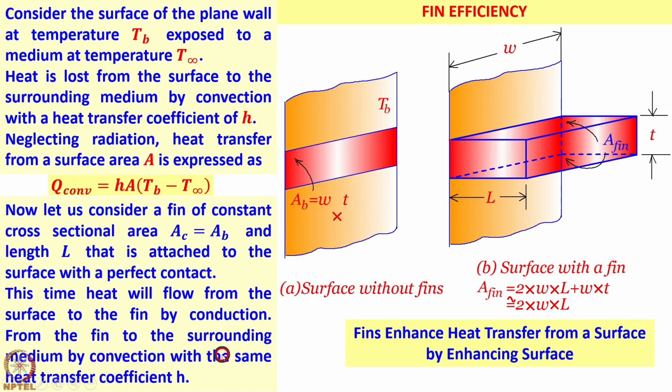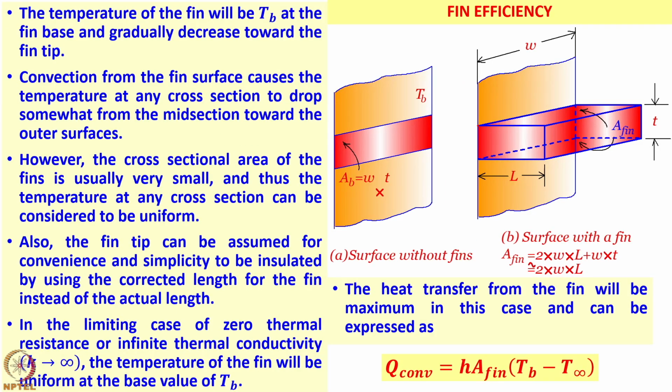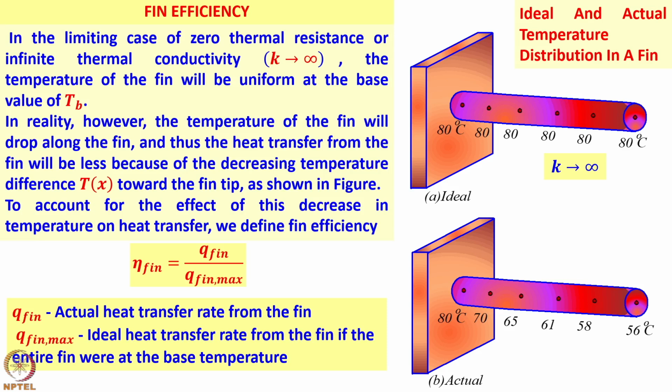In the limiting case of infinite thermal conductivity, the temperature of the fin will be uniform. But if there is a finite K, we saw that the temperature drops exponentially for an infinitely long fin. If K is infinite, that is, it is a pure conductor, the temperature of the fin will be uniform, because there is no variation in temperature.